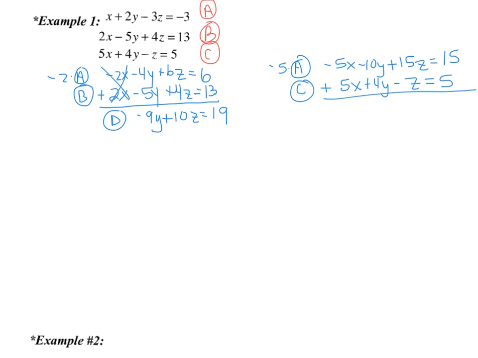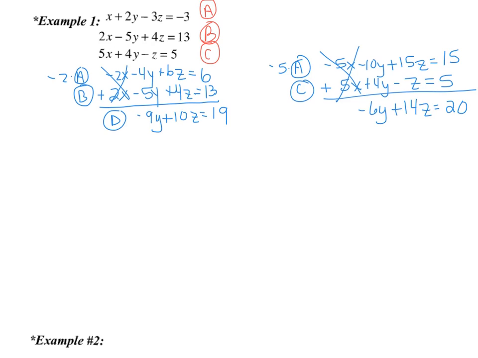And I'm going to add straight down. Negative 5x and 5x is 0, so they're eliminated by design. Negative 10 plus 4 gives us negative 6y. 15 plus negative 1 gives you 14, and 15 and 5 gives you 20.